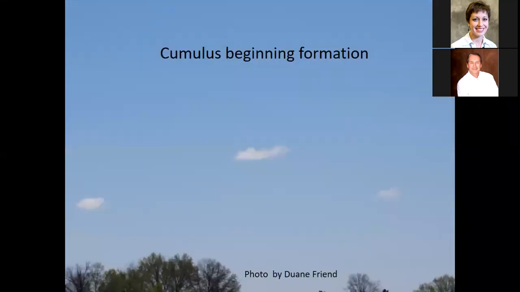I'm going to go through a few slides here just showing what can happen. And again, I talked about this just a little bit ago. So in the morning, and today here in central Illinois was a good example of this, we started out with nothing but blue sky. As the day progresses and the ground heats up, those bubbles of air start popping up, and you start to see these little tiny cumulus clouds form.